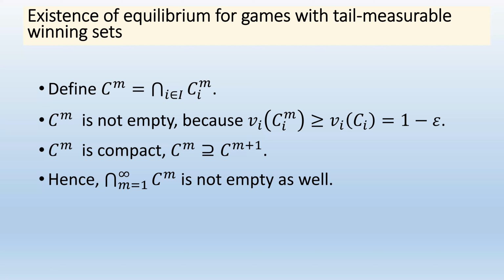Every player that had a min-max value of 1 gets at least 1. They have no profitable deviations. They get their maximal payoff anyhow. The players that had a min-max value of 0, we never established what they get. Maybe they get 0, maybe they get 1, and they possibly have a profitable deviation.